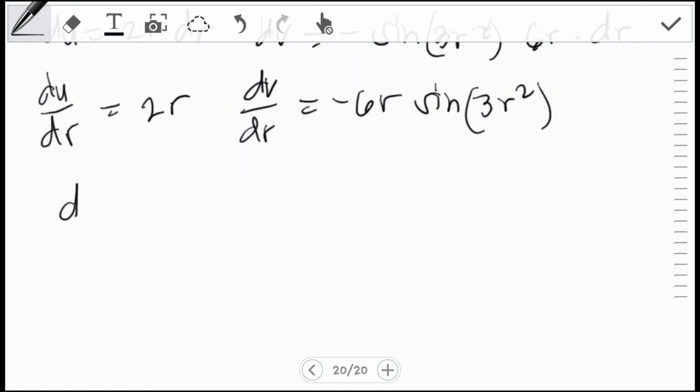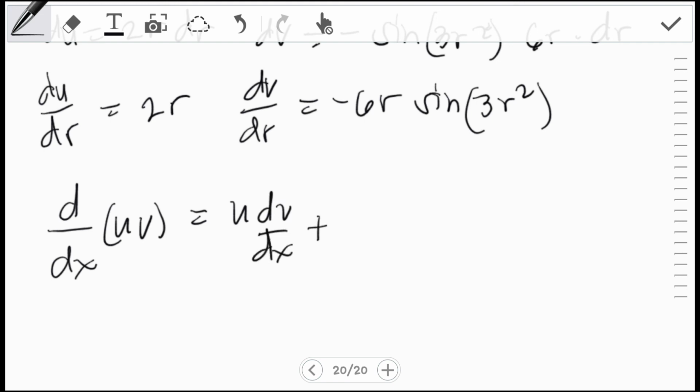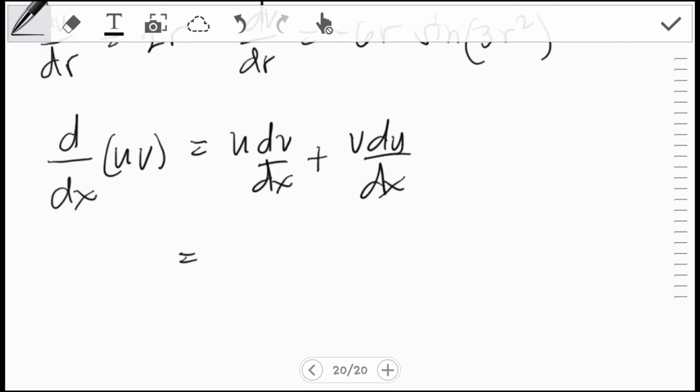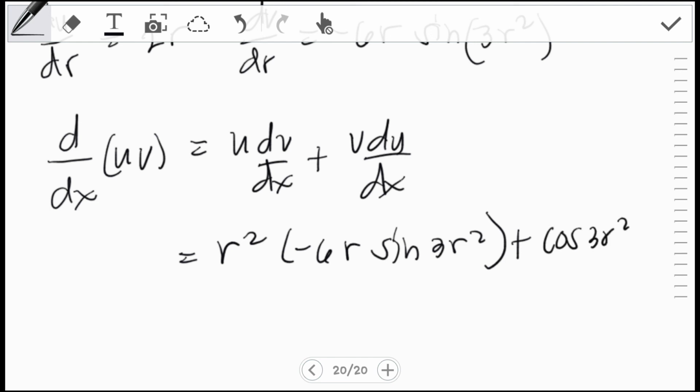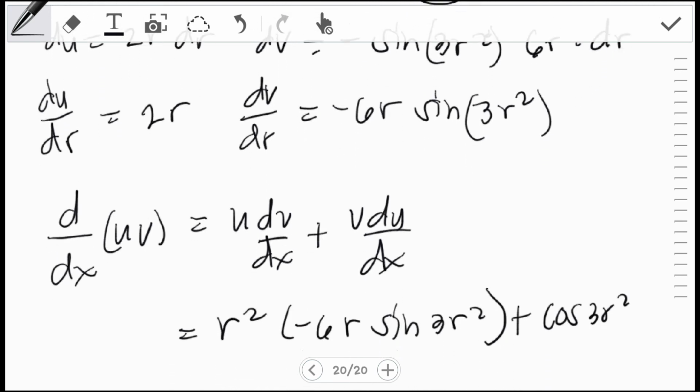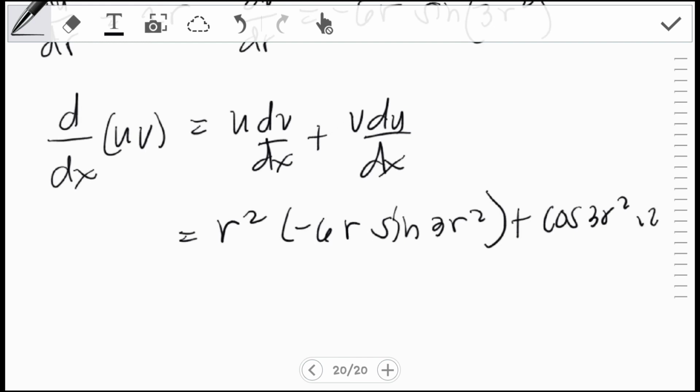Okay, so by using this formula, d over dx of uv is equal to u dv over dx plus v du over dx. Where u here is r squared, then dv over dx is negative 6r sine 3r squared, plus v here is cosine 3r squared, then du over dx, that is times 2r.